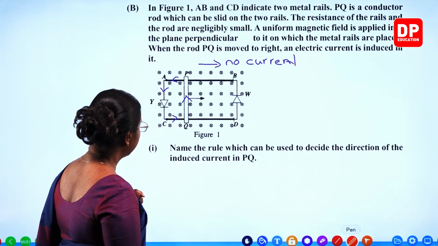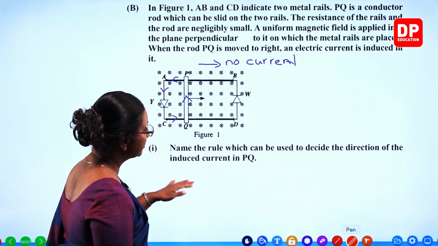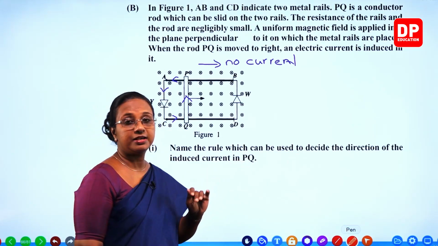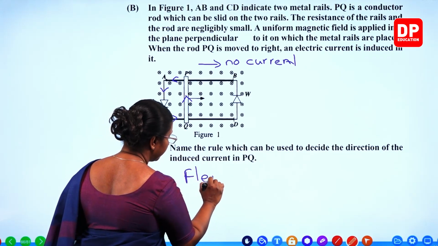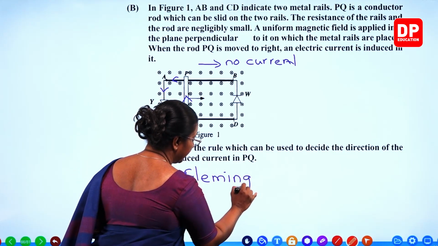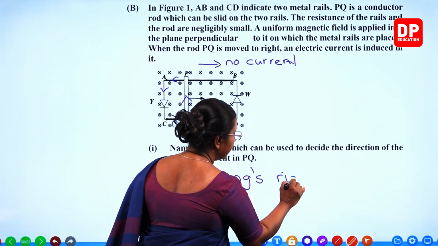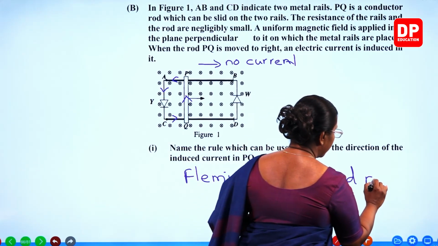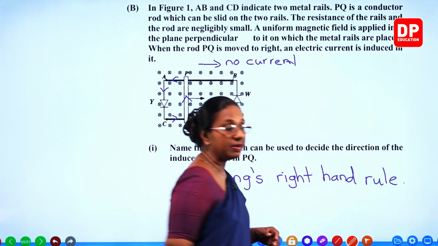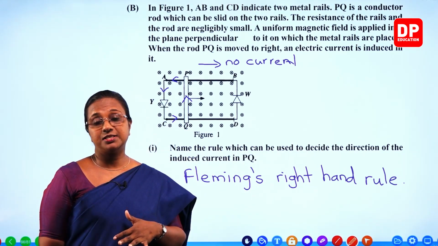The first part: name the rule which can be used to decide the direction of the induced current in PQ. So like I said, Fleming's right hand rule. So you have to write Fleming's right hand rule. Now here students, you have to remember there is the left hand rule and the right hand rule.